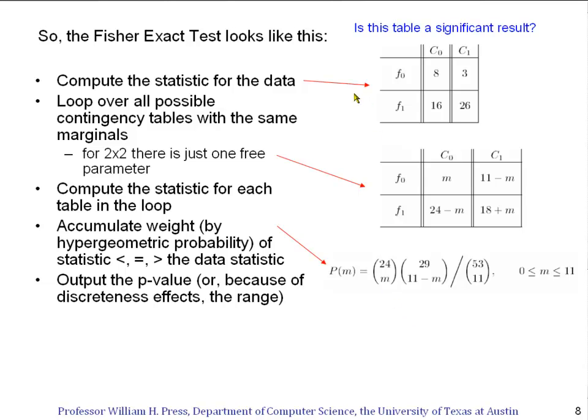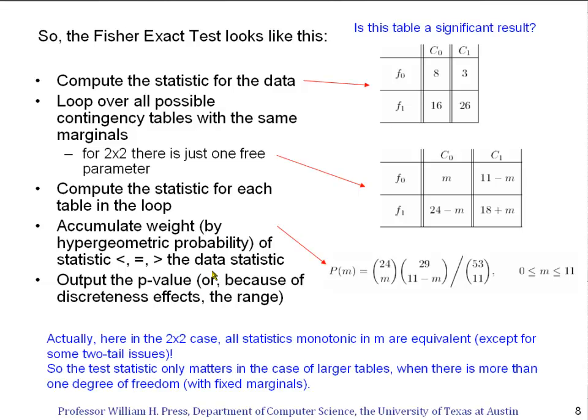Now we know where our statistic falls in the distribution of the statistic values from these tables, suitably weighted, and we can output the p-value, the tail test, to see whether our actual data is unlikely to be drawn from the null hypothesis.